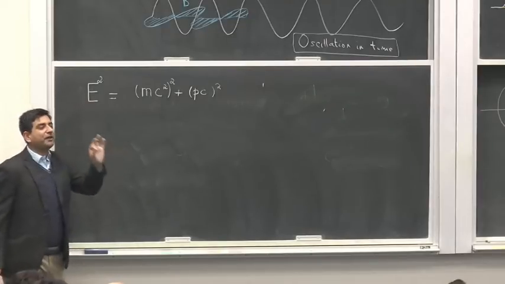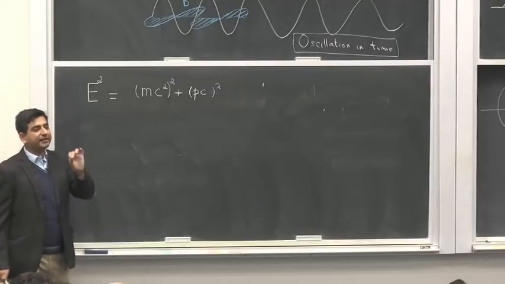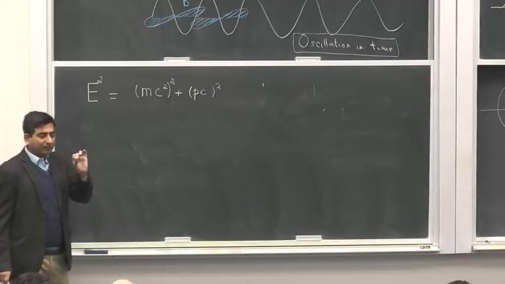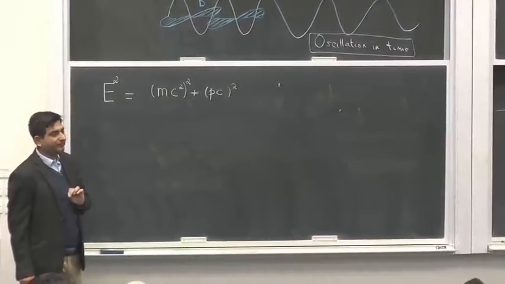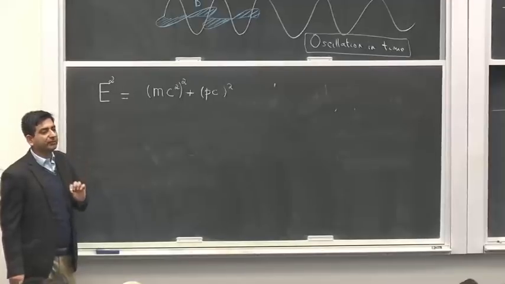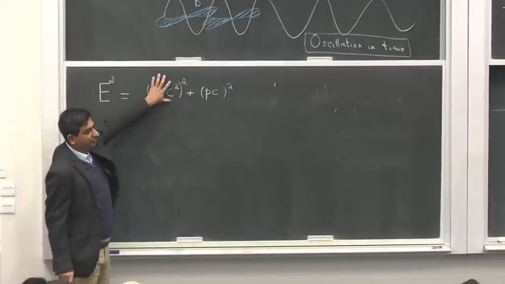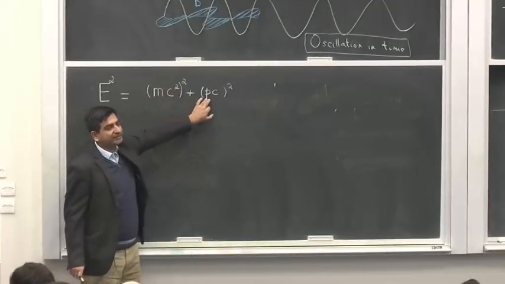This is the formula for the energy of a particle that is moving at or very close to the speed of light, that is moving at relativistic speed. So a photon has mass equals 0. So this term goes to 0. Still it possesses momentum.